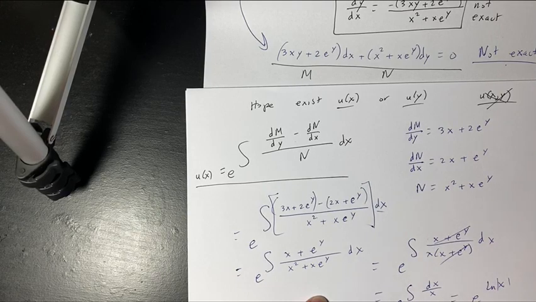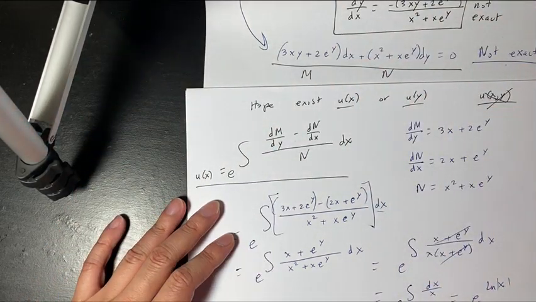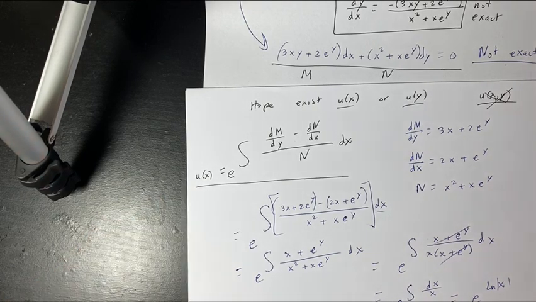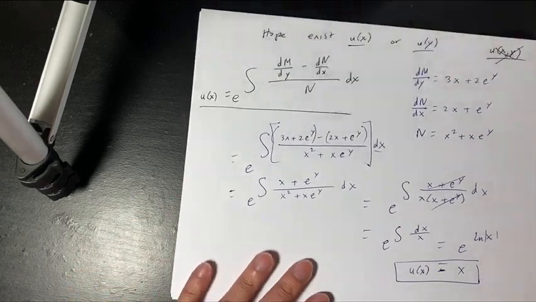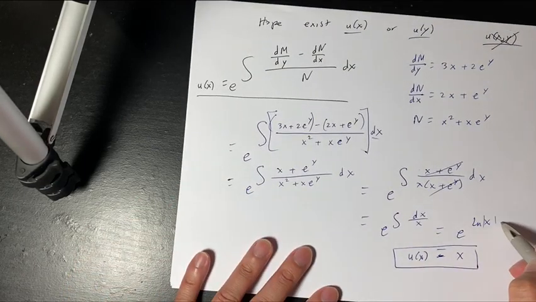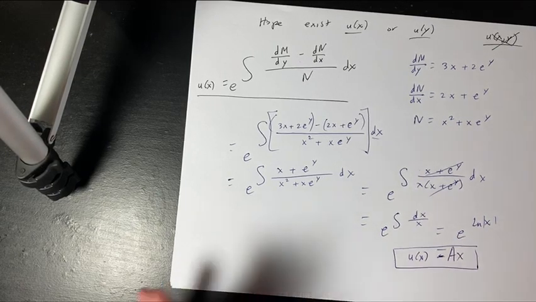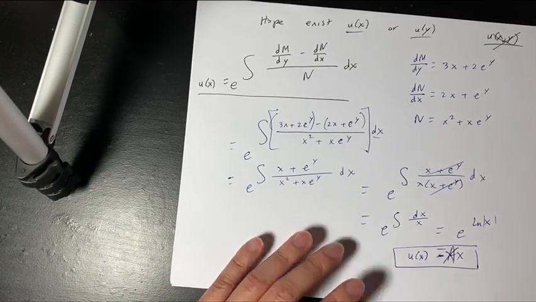Cancel that out. You get just x. And you know, there is a plus c with a constant in front, but we can make the argument that once you plug it back in, that constant would just cancel out. So you can think of this u of x as just simply x, okay? Oh, sorry, you guys didn't see that. So yeah, there's a plus c and there's a constant in front. You can do this if you want. That a is not important, so you don't really have to worry about that a.